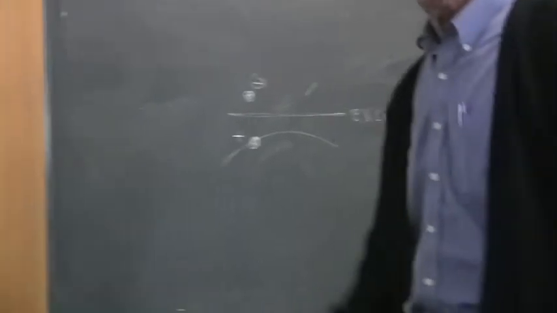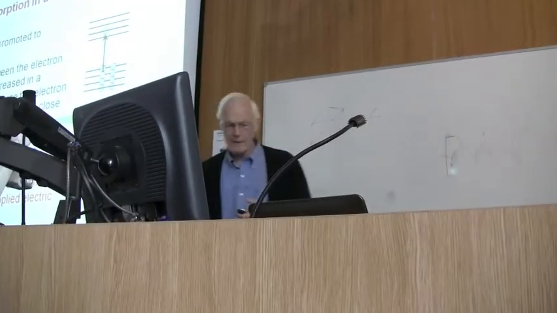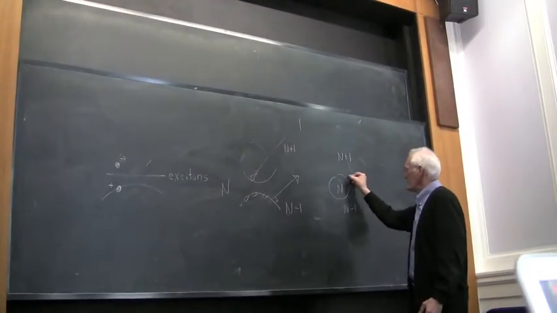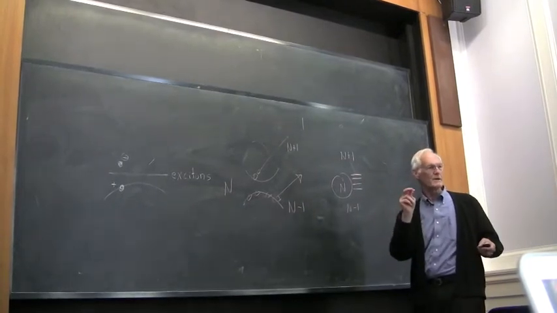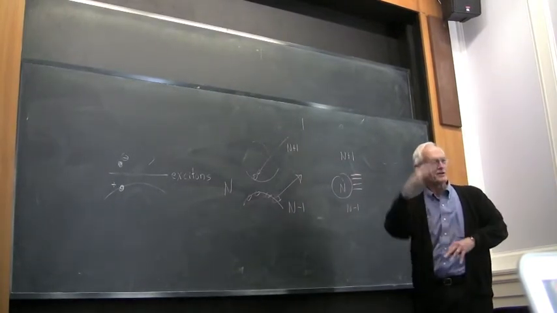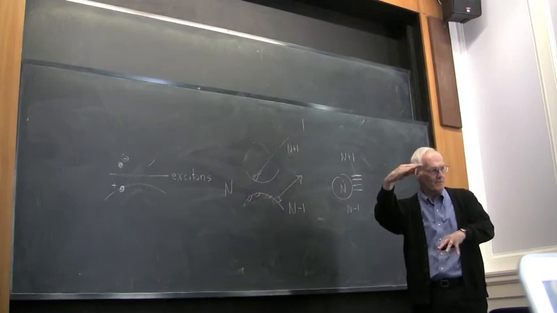So that's a good reason I'm talking about these finite systems. So anyway, the states that you mentioned for the n-electron system were the ones that you could reach by optical absorption, and the charge is still on this particle.